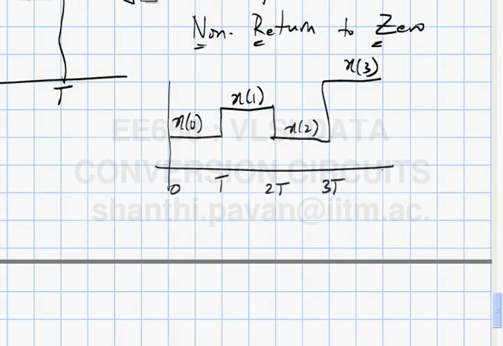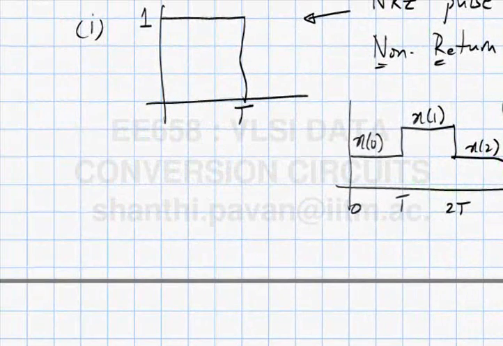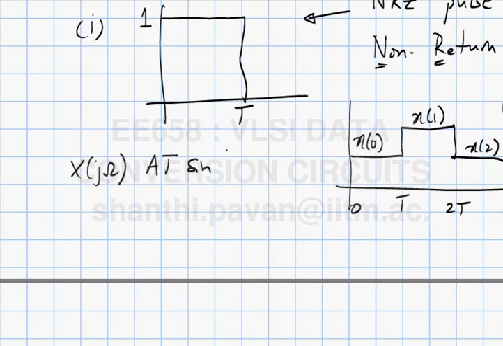Spectrum of a DAC of this nature is x of j omega multiplied by the frequency response of this pulse. This is a rectangular pulse, so it's nothing but A T sinc fT, where A is the amplitude, so it's T sinc fT, times e to the minus j omega T by 2, because the average delay of this pulse is T by 2.